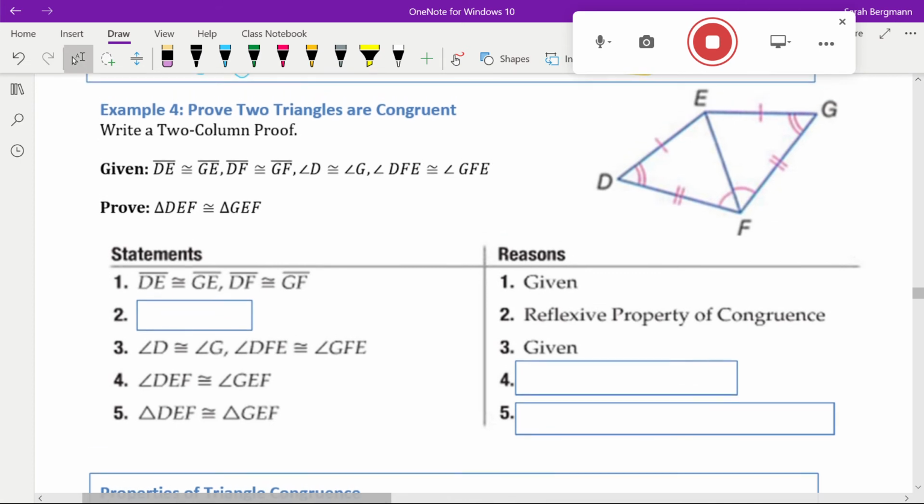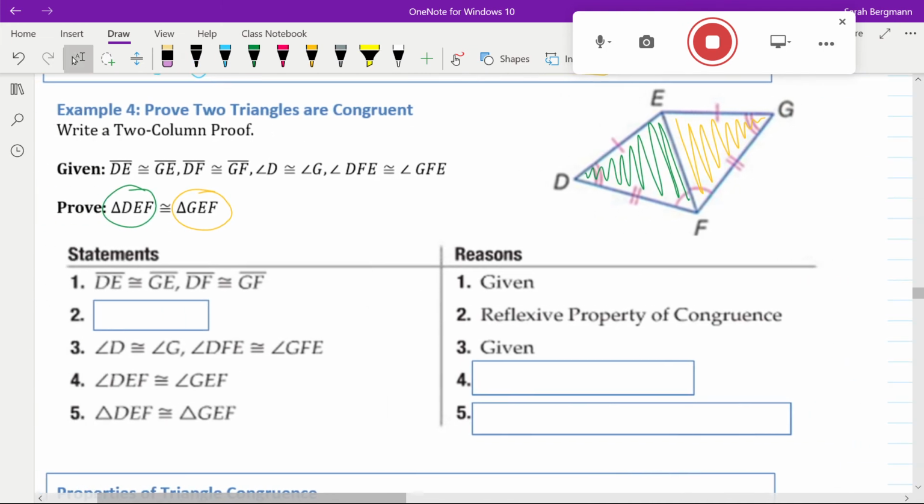We are trying to prove that triangle DEF, this triangle here, is congruent to triangle GEF, this triangle here. Sometimes if the triangles are touching, it is sometimes helpful to redraw the picture where the triangles are not touching.